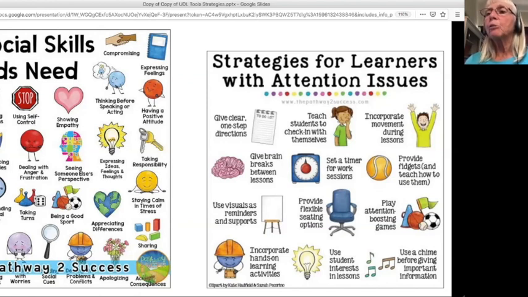This is a K through 12 challenge, so all these graphics apply. So I hope you will find this useful as well. Because again, that's a matter of access. The student who's unable to focus, they're not accessing what we need them to access. Okay, next slide, please.